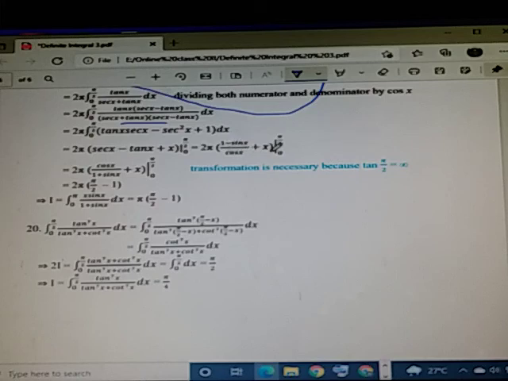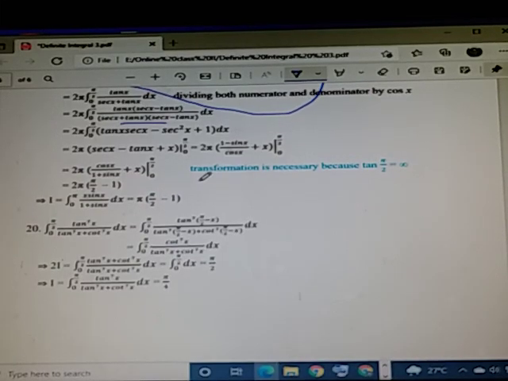Then we multiply by 1 plus sin x over 1 plus sin x, because we cannot put the pi by 2 limit here. That is why we are making this transformation, and after making it, we have this value.